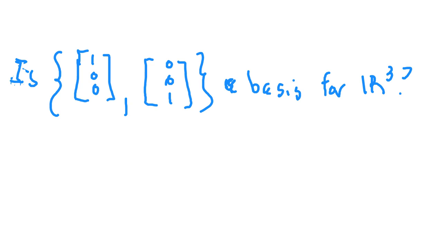This is the E1, E2 vectors. Is that a basis for R3?